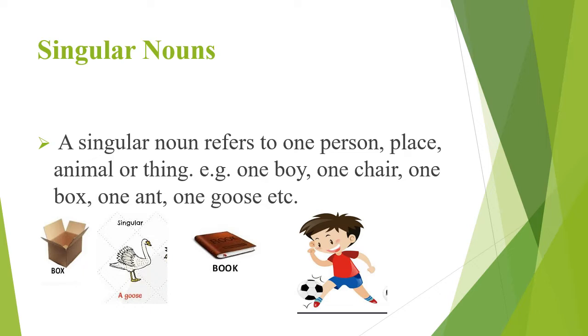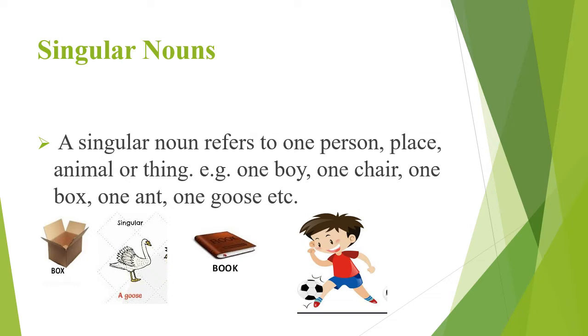Dear students, I hope all of you know about singular and plural nouns. You are doing singular and plural nouns from class 1. Now, we will have just a brief review.